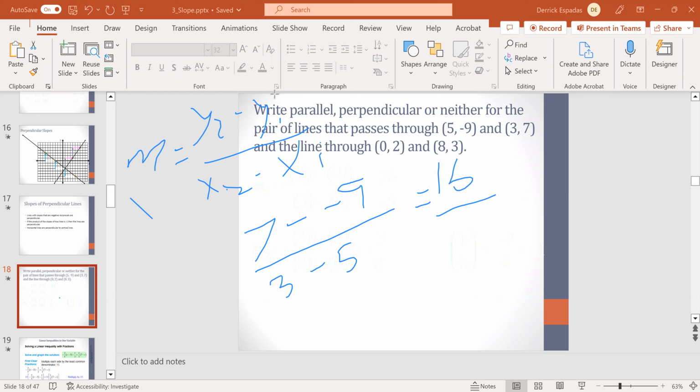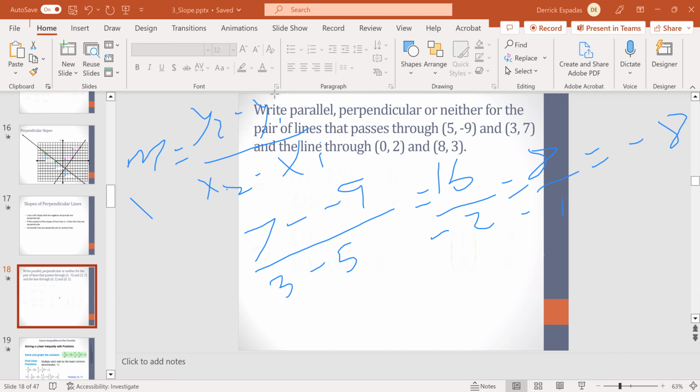And 3 minus 5, which is -2. Now they're both even numbers, which means they'll reduce. So we have 8 divided by -1, which equals -8. All right, so that's for our first line.